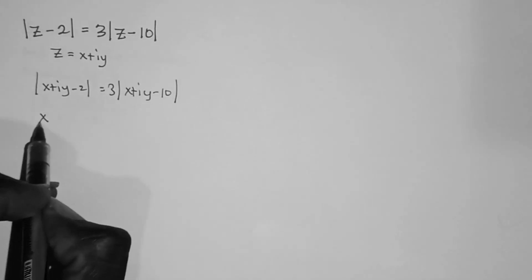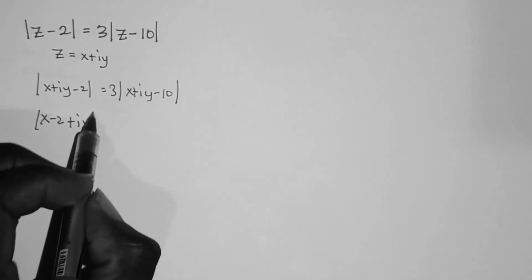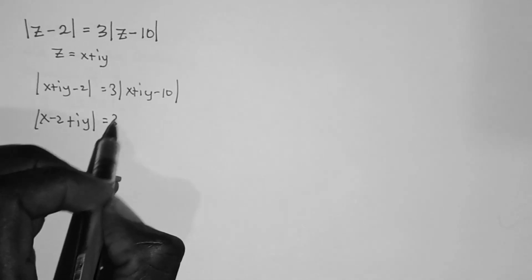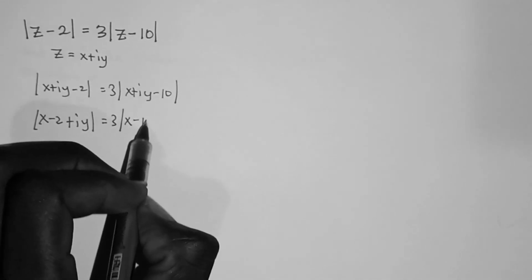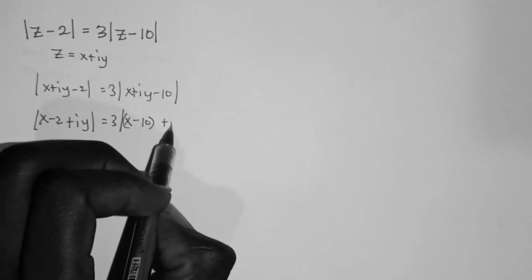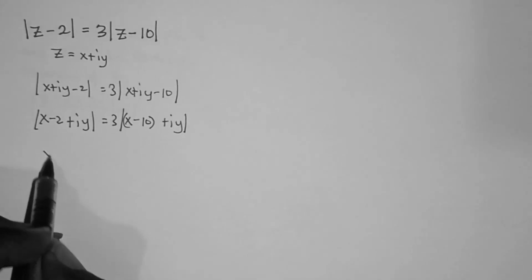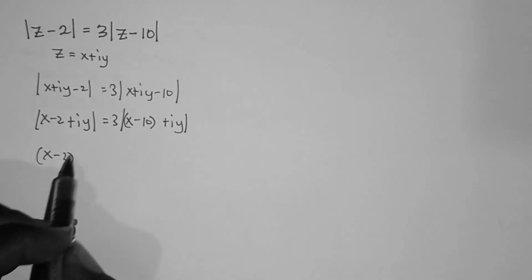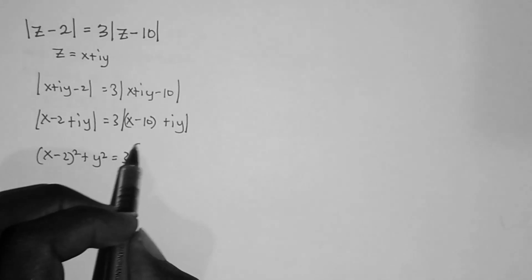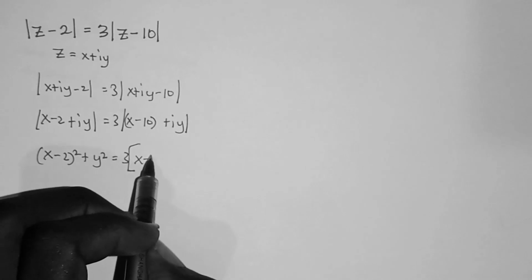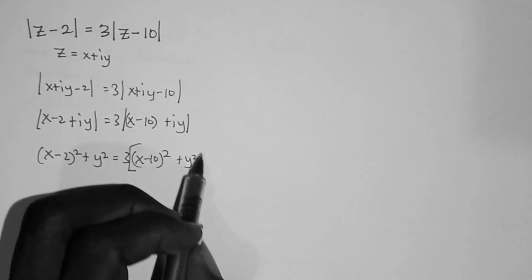So this becomes the modulus of (x minus 2) plus iy equals 3 times the modulus of (x minus 10) plus iy. Let's square. This becomes (x minus 2) squared plus y squared equals 3 times (x minus 10) squared plus y squared.